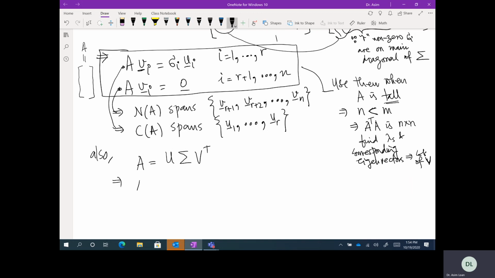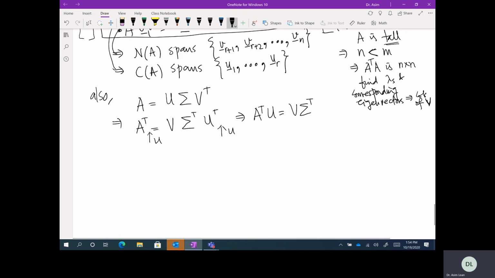So this implies A transpose equals V sigma transpose U transpose, right? If I multiply U on this side, this implies A transpose U equals V times sigma transpose, right?